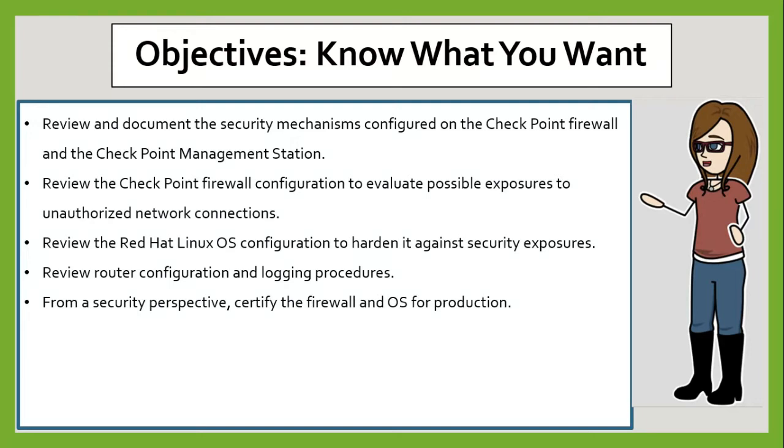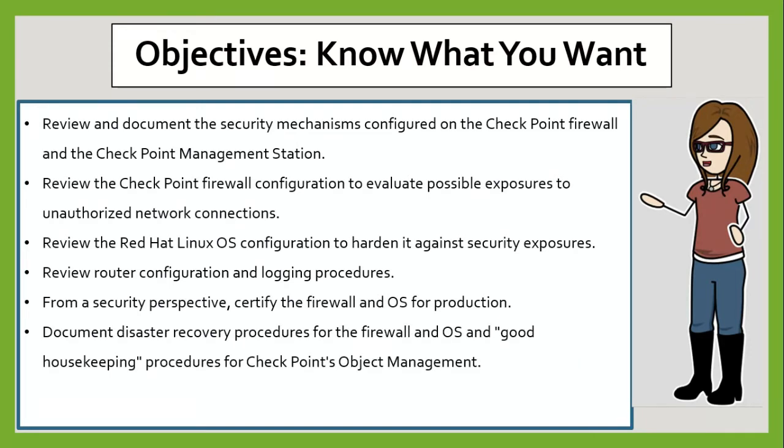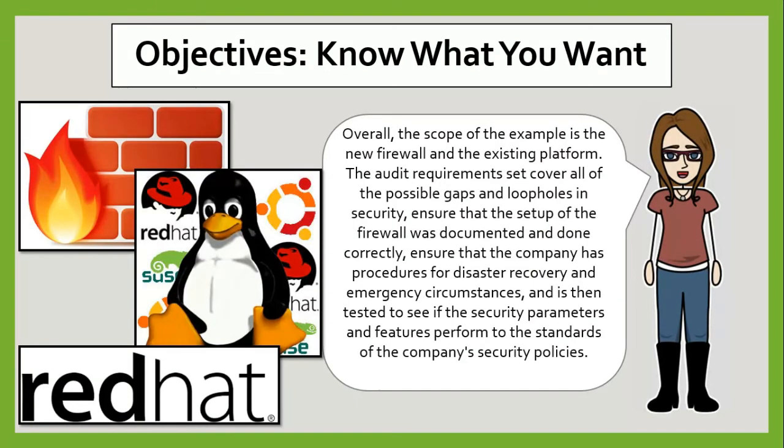From a security perspective, certify the firewall and OS for production, document disaster recovery procedures for the firewall and OS and good housekeeping procedures for Checkpoint object management, and perform a penetration test once the firewall and OS are in production.